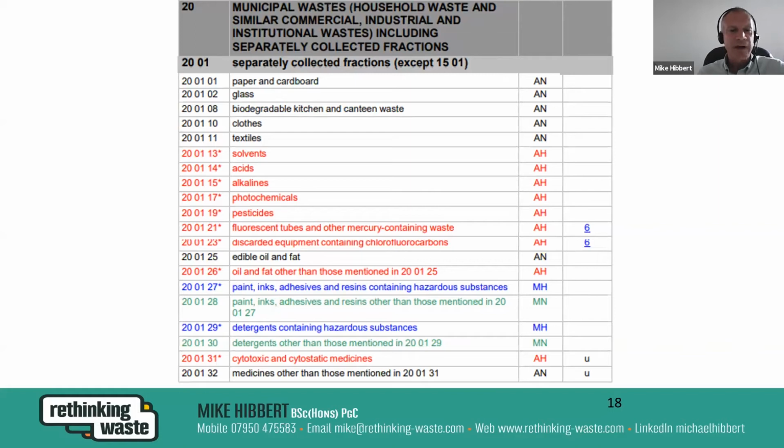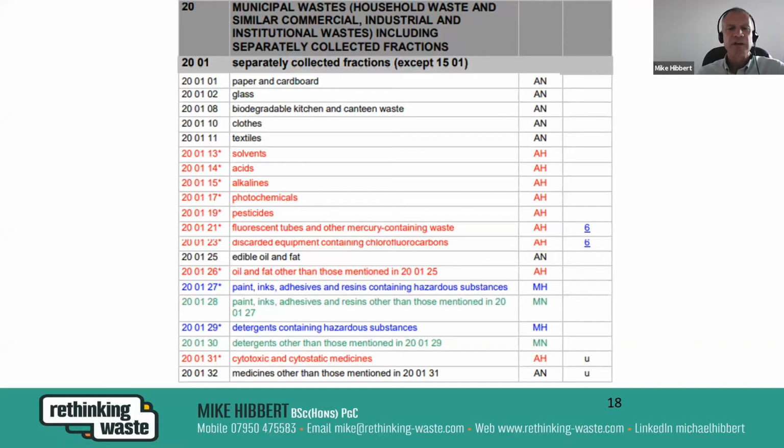A little bit further down the table, we've got 200127, that's paints, inks, adhesives, and resins containing hazardous substances. It's got an asterisk against it, it's in blue, and it says MH on the right-hand side.